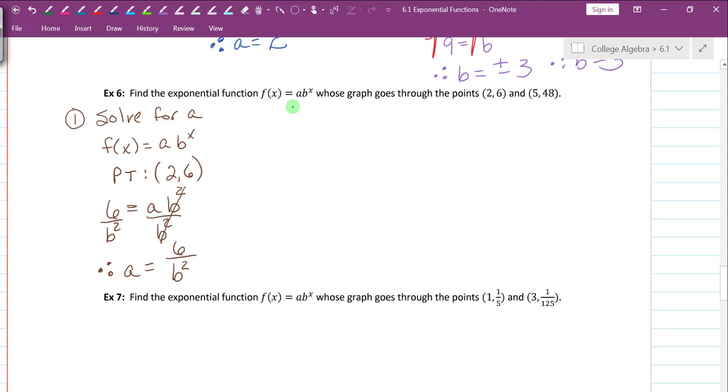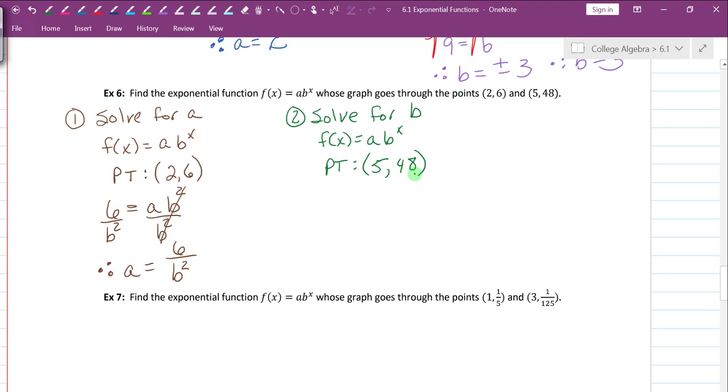So step 2, solve for b. We're going to use this point over here. So I have f of x is equal to ab^x. And I know that my point that I'm going to use is (5, 48).